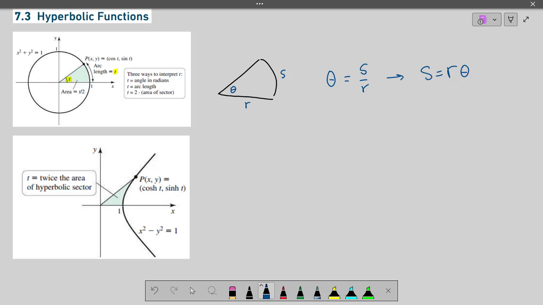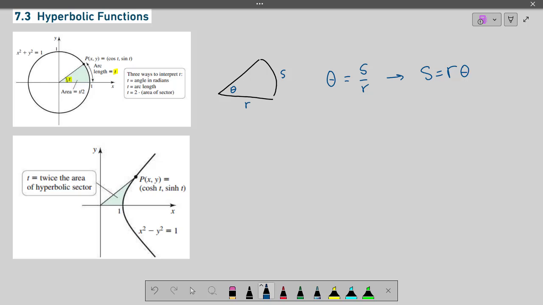Those are both correct. What are the units on theta? Radians. We call them radians, but radian is not really a unit. It's a unitless measurement. It's a unitless concept. Why? Because s and r have the same units, and those units cancel. So when we say radians, all we really mean is not degrees.